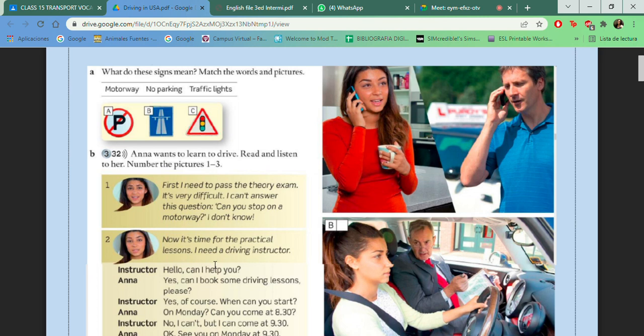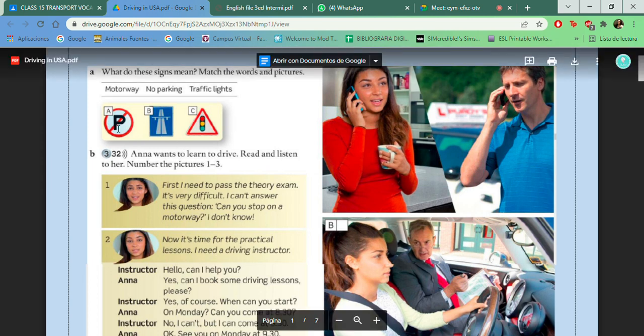Okay. First, let's see the most common traffic signs. Letter A is no parking. Okay, no parking. Letter B is motorway. And letter C are what we call traffic lights. Okay, good.